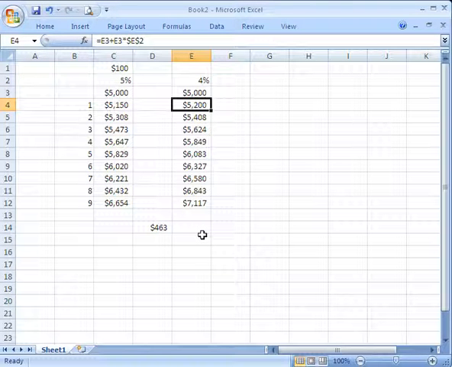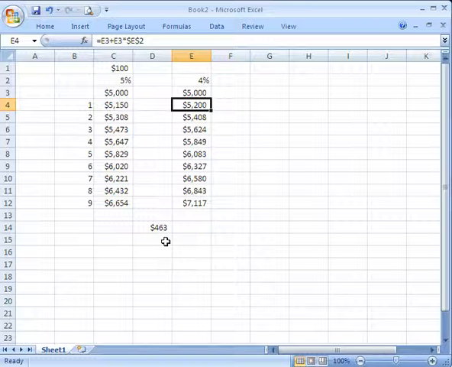Well, the initial impression was wrong. When we invest $4,000, we end up $591 apart. When we invest $5,000, we end up less apart, only $463 apart. It looks like the more money we invest, the closer together we get.